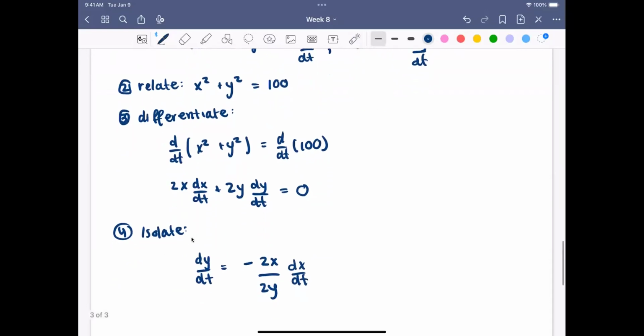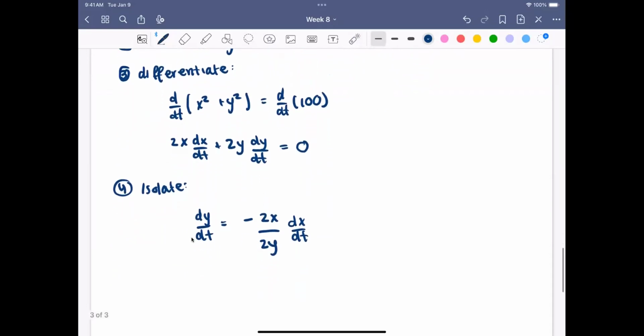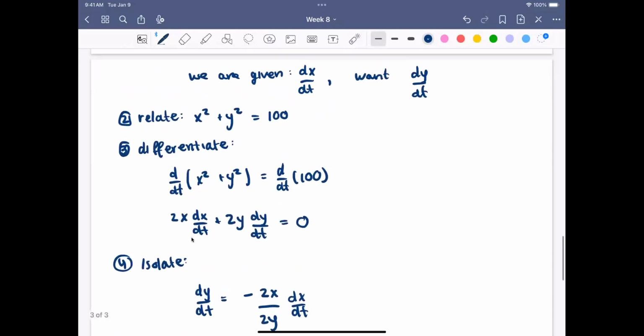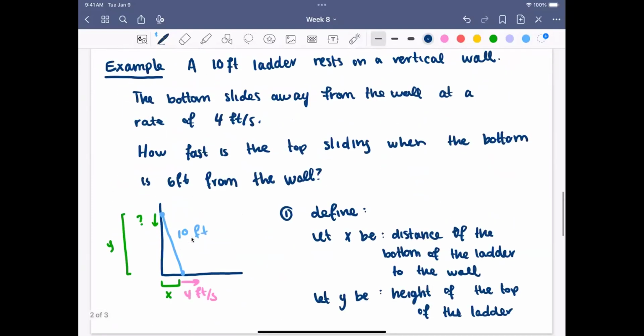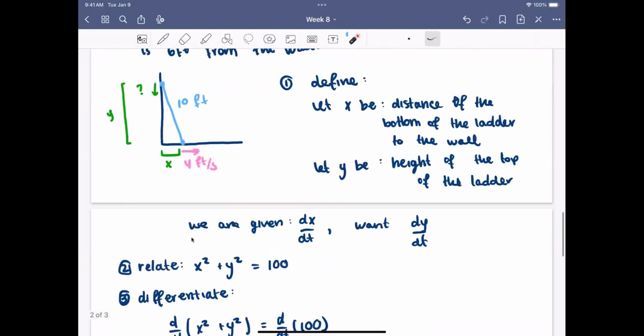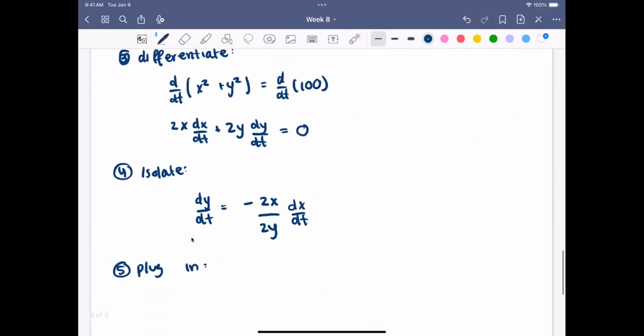Okay, and then the last thing I want to do is plug in. What did the question ask us? It wanted to know how fast is the top sliding when the bottom is 6 feet from the wall. So we'll have x is equal to 6 feet and dx/dt was 4 feet per second.